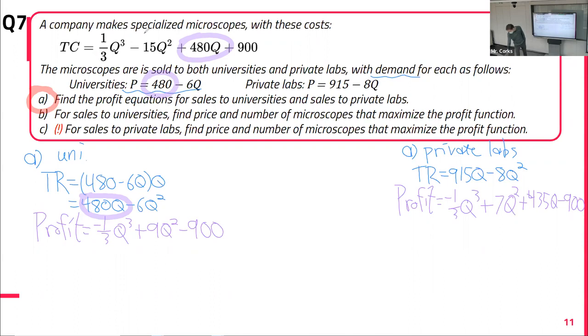Okay, we can solve part B, the profit for the university situation. For the private lab one, it gets a lot more complicated.